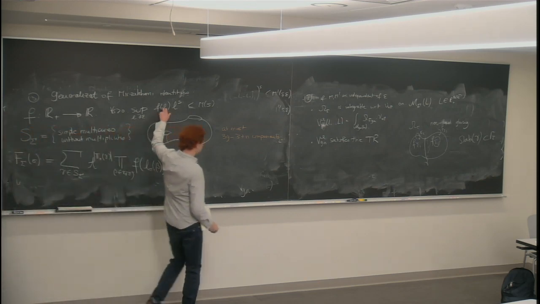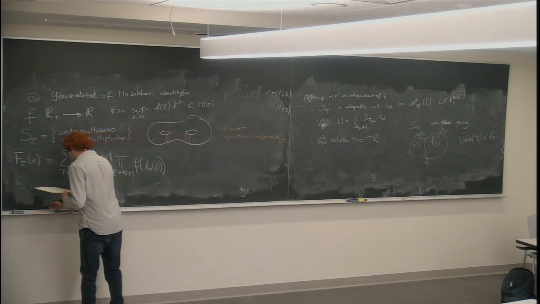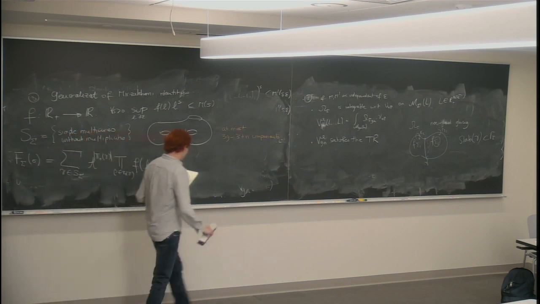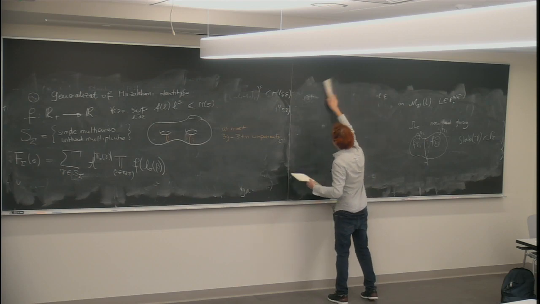If f decays fast enough, that's going to be finite. Good. So the theorem is that you can obtain that by geometric recursion.